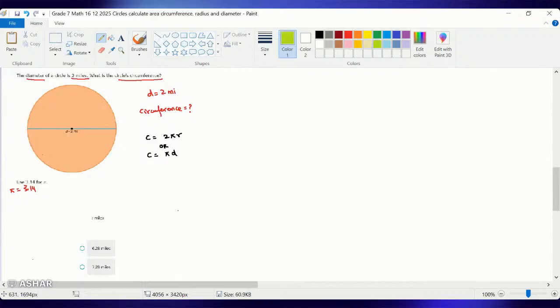Since we are dealing with diameter, we apply the second formula. So we can say that circumference is pi, that is 3.14, multiplied by the diameter.